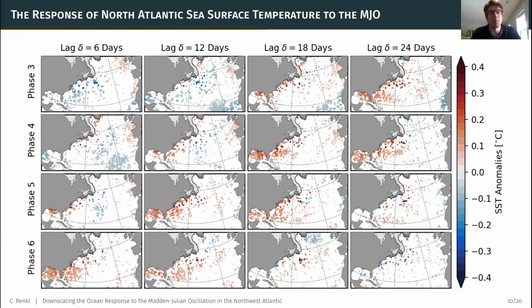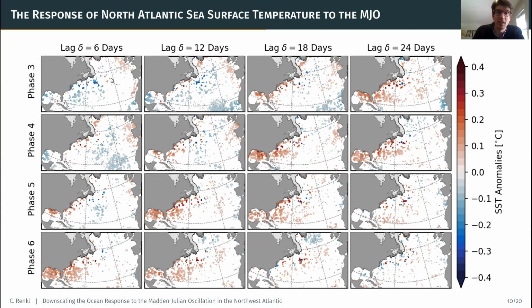So everything that happens while the MJO is in phase 3 is probably related to something that happened earlier. And if we go to the right, each panel corresponds to a lag, where the lag is chosen so that 6 days roughly corresponds to the time the MJO spends in one phase.